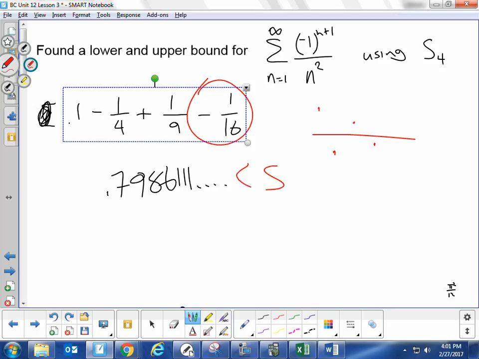But now, where is the upper bound? Well, I know what the next term is going to be. I'd be adding 1/25 if I plug in 5. So my actual sum will be within this 1/25 that I'm adding.